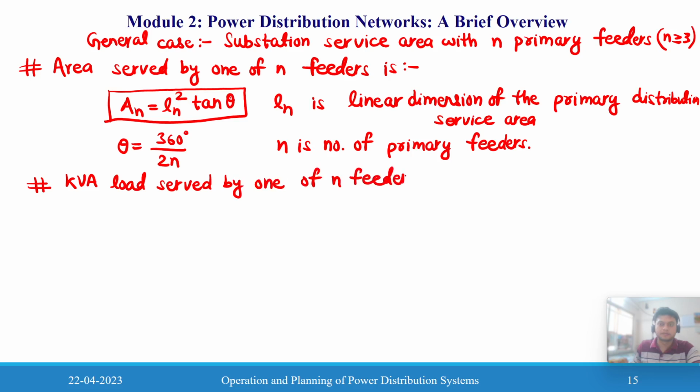We are looking at terms for a square service area and a hexagonal substation service area. So the kVA load served by one of n feeders will be Sn equals D into An, where An we can see from the previous term.